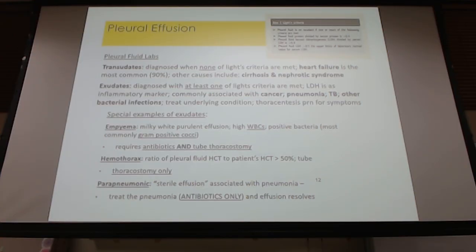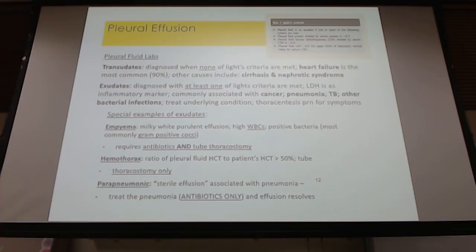And same thing with the LDH. If the amount of LDH in that pleural fluid is high enough, then that is considered to be associated with an exudate, a more local problem with the lung, because LDH goes with inflammation. So you'll forget it, you'll have to look it up again when you're in phase 2, but remember it real quick for me for a test.